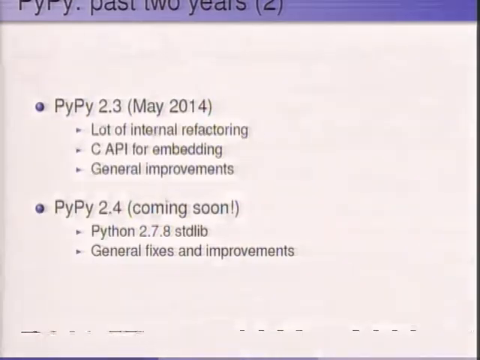Last year there was some ARM support, the beginnings of CFFI, starting work on NumPy, and more incremental improvements. Each of those releases is faster than the previous one. And that's until 2.4, which is coming really soon. The preview is already online, so the real release is probably this weekend.